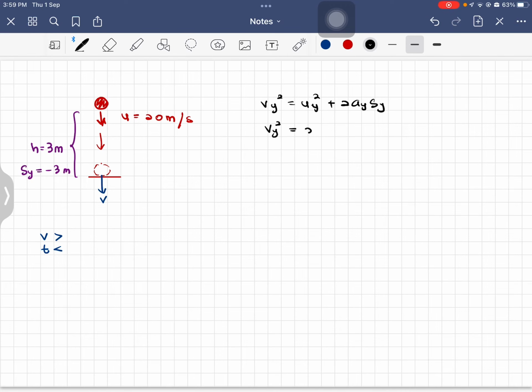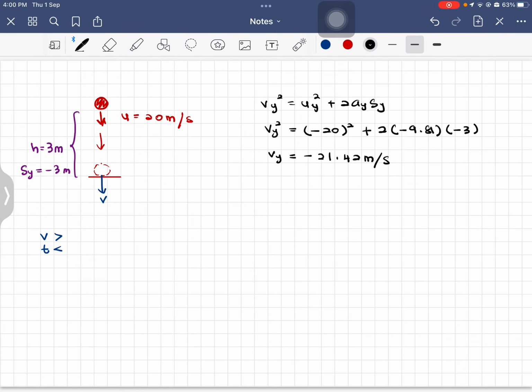Uy is 20 now, but it is downward, so let's put it negative, even though if you square it the negative will be gone, but I put it for understanding. And Sy is negative 3. Same here, you will get Vy as plus minus. We take the minus because your V is downward. I will get minus 21.42 meter per second. This is for my V.